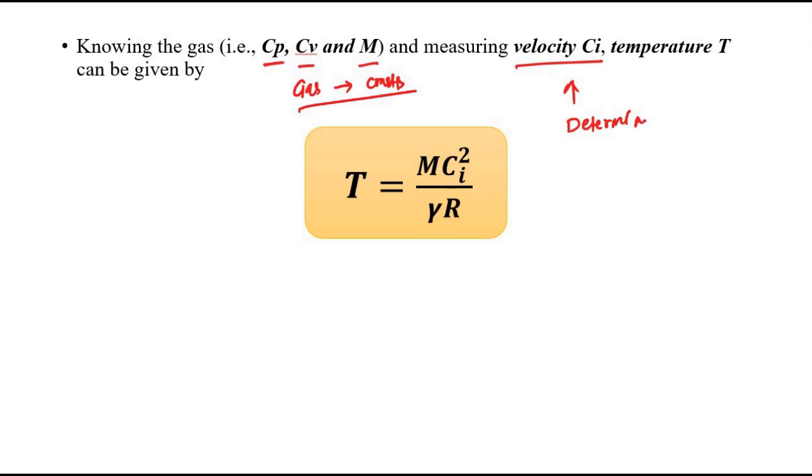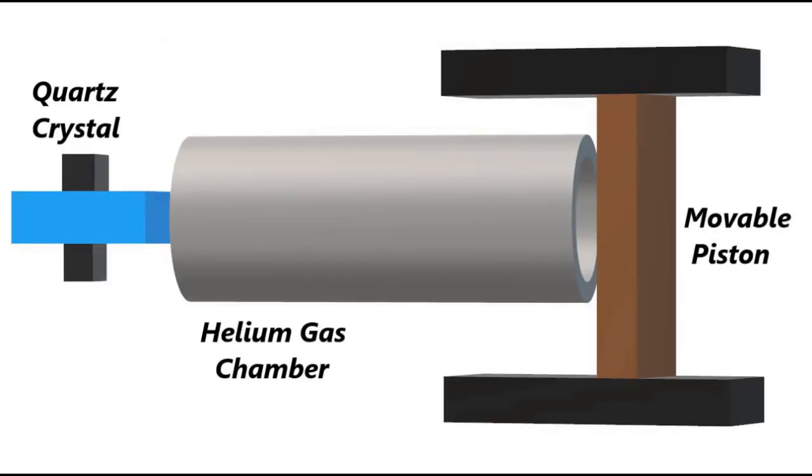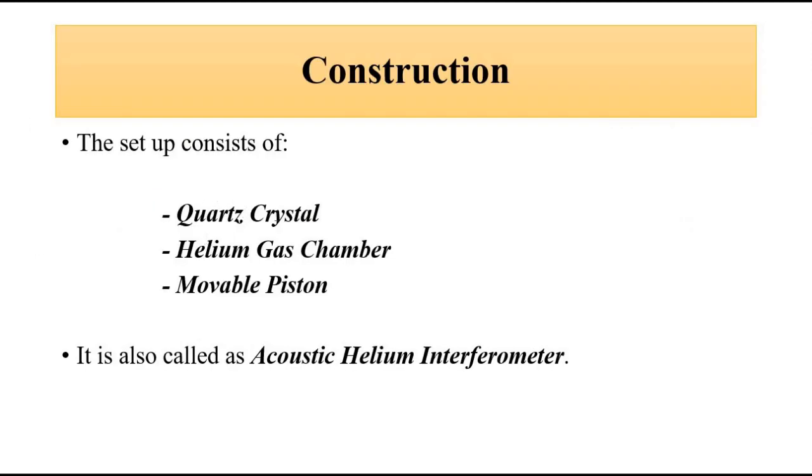So we have to use a setup to determine this velocity. Again, a setup is used, something like this, where we have a quartz crystal which operates on the principle of piezoelectric effect. We know what piezoelectric effect is, but here inverse piezoelectric effect is used to generate a sound wave.